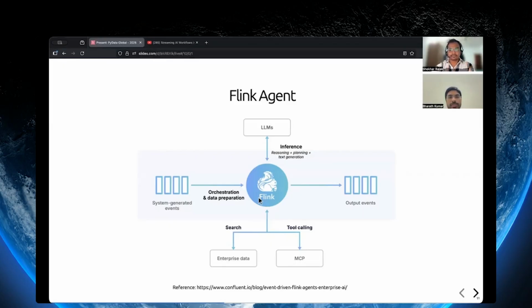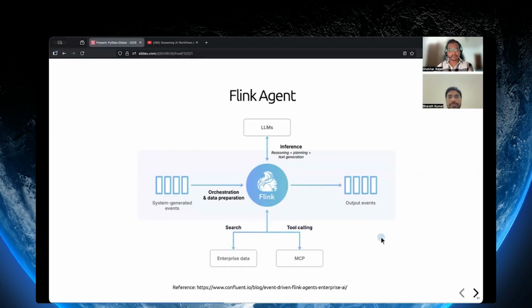So there is no fragile glue of microservices and queues. A single Flink job can now run hundreds of autonomous agents that detect fraud, deliver personalized experiences, and coordinate with each other asynchronously like a human nervous system. So these event-driven Flink agents are the new primitive that makes real-time enterprise AI finally possible.